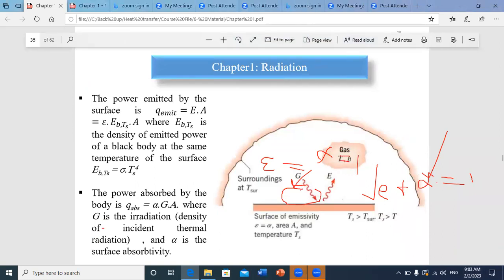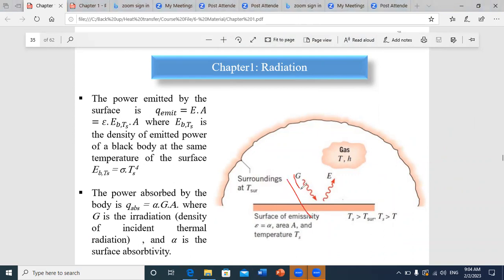Now, if we want to compute the net radiation flux, as we discussed, a part will be absorbed by radiation. To calculate the flux absorbed by radiation, we should multiply by G. G, its unit is watt per meter square. It's the flux that is reaching your surface.